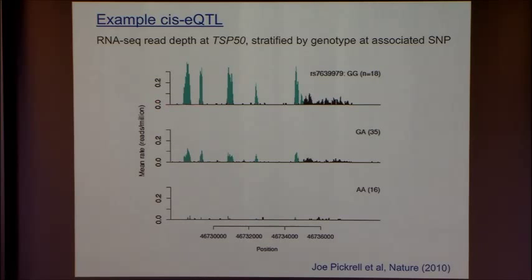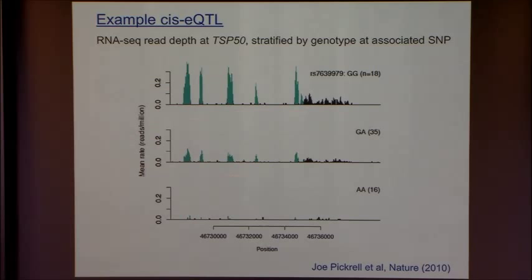These are data from an RNA sequencing experiment that we did a few years ago. The x-axis here represents position along the genome. The y-axis represents read depth of RNA sequencing data, so this is essentially a measure of the abundance of messenger RNA transcript from this region.